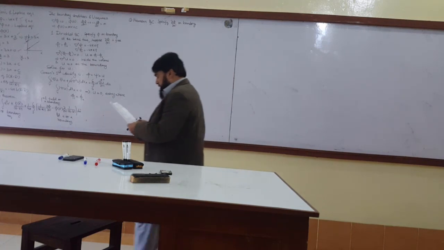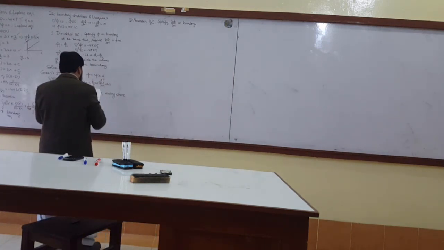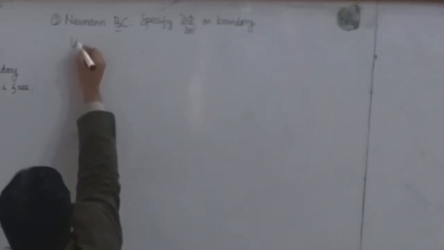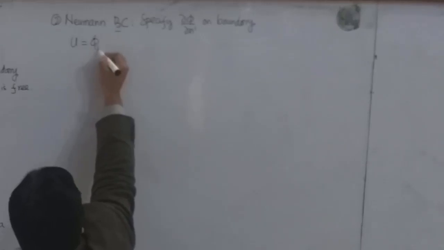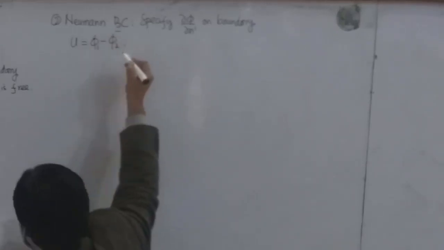And the solution can again be shown by analogous reasons, again taking u equal to phi 1 minus phi 2.